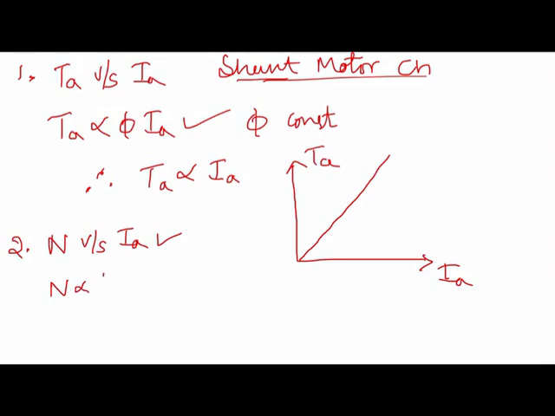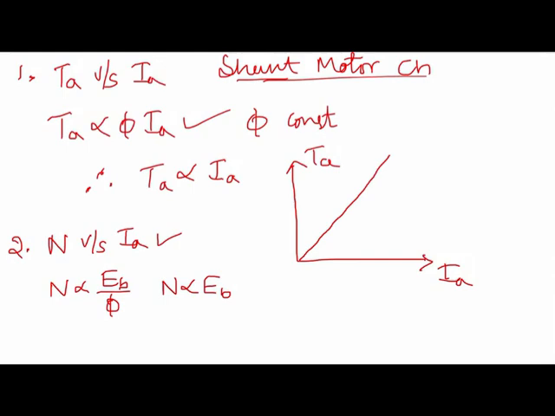N is directly proportional to EB by phi. Since this flux in DC shunt motor remains constant, speed is directly proportional to back EMF.